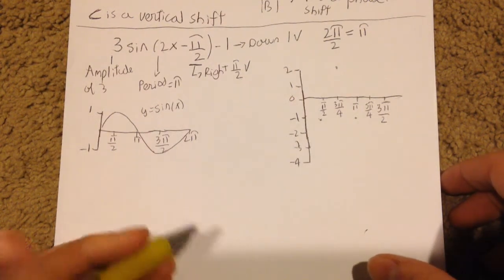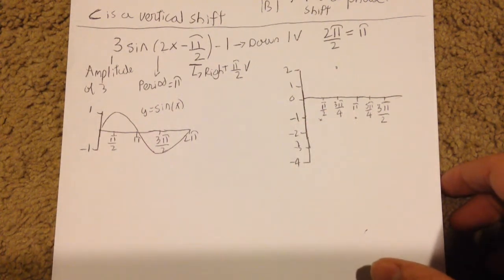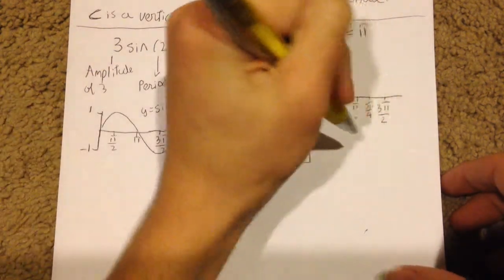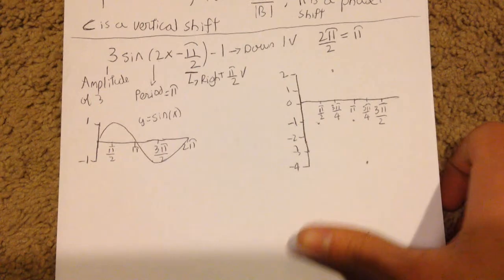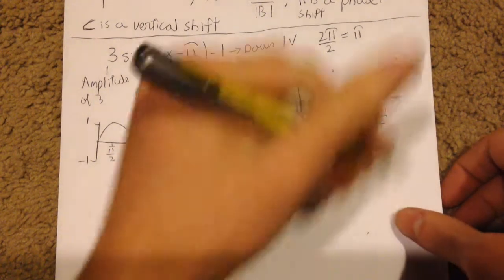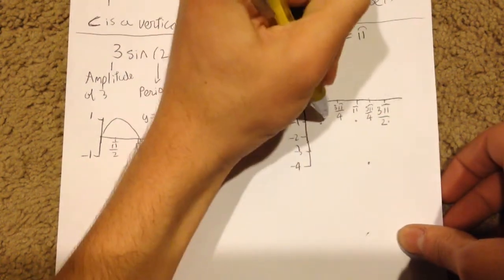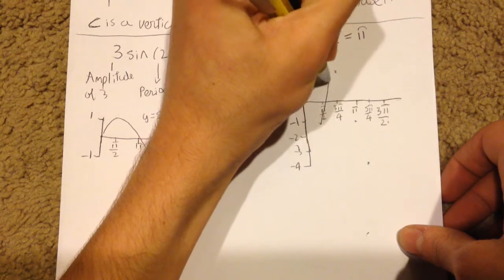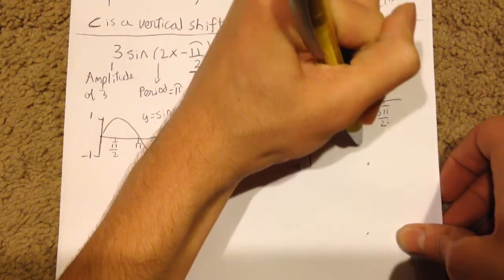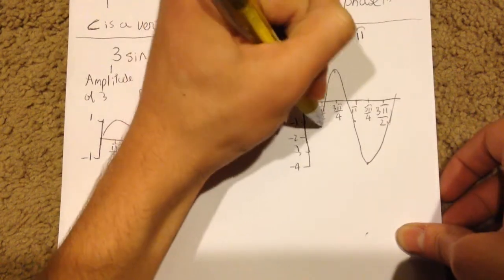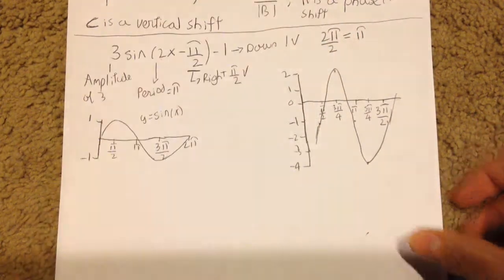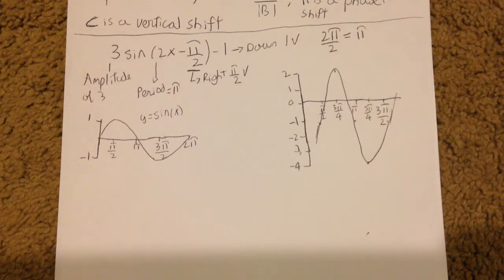Then for the next point, 5 pi over 4, it's going to go down 3 units to -4. And finally, for 3 pi over 2, it's going to go back to -1. So our graph will look something like this. You could continue on this way if you wanted to.